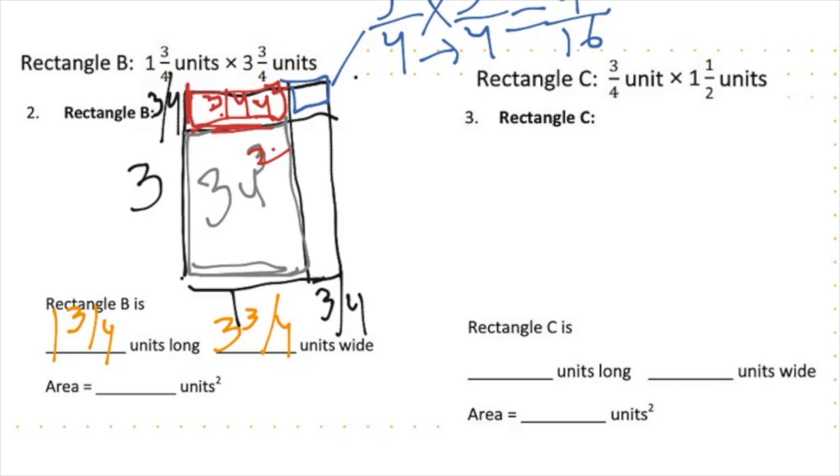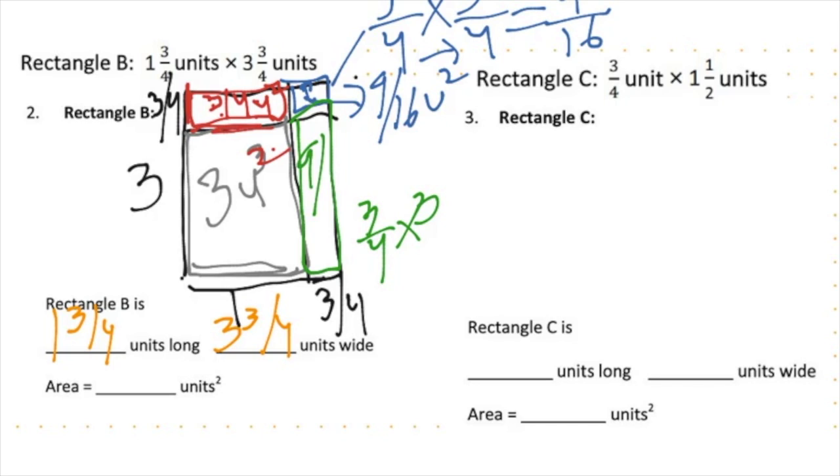So 9/16 units squared. I'm going to write it out here. This is 9/16 units squared. And for our green box, our length is 3/4 and our width is 3. When you multiply those across, it becomes 9/4. This is 9/4 units squared.